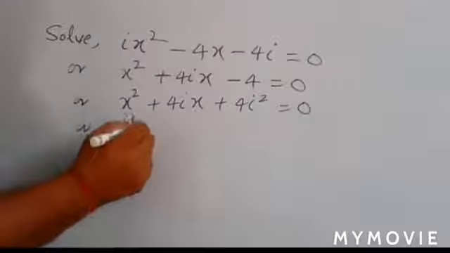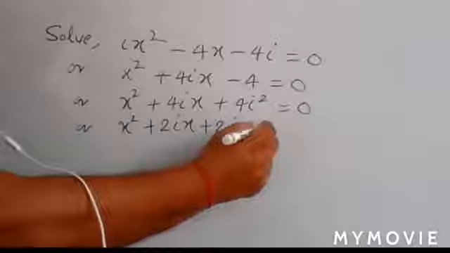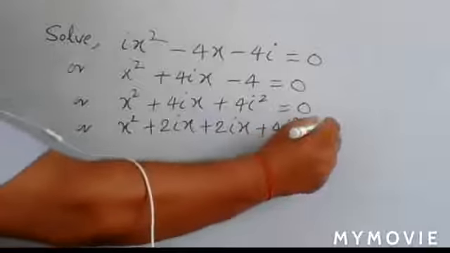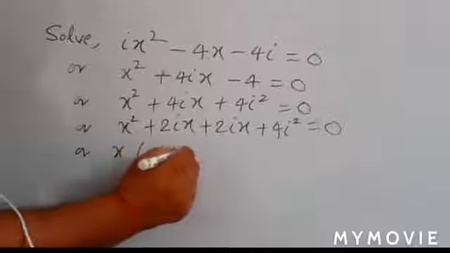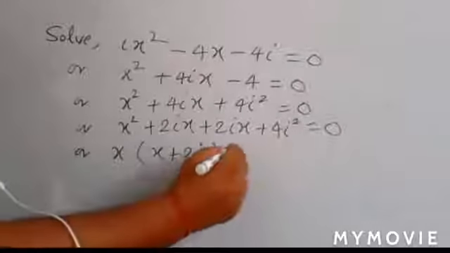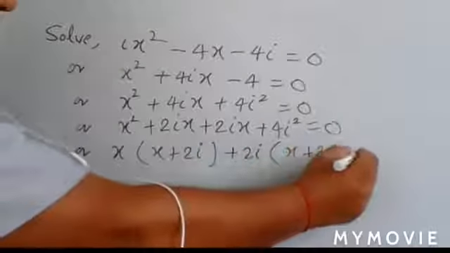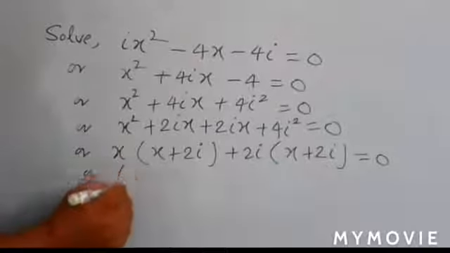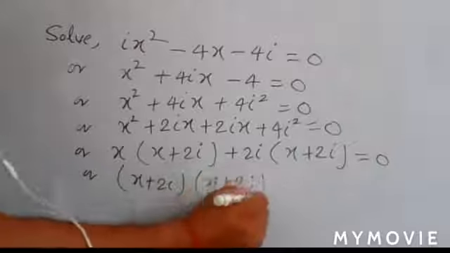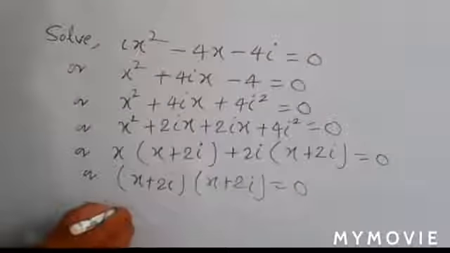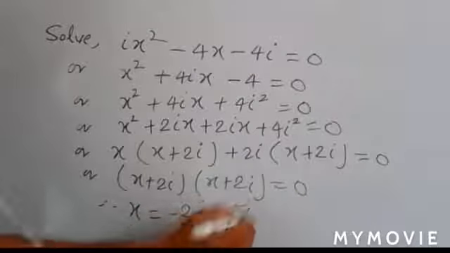So you write x square plus 2ix plus 2ix plus 4i square is equal to 0. Now taking x common, you have x plus 2i, and here you take 2i common, so you have x plus 2i into x plus 2i is equal to 0. So the value of x is equal to minus 2i and minus 2i.